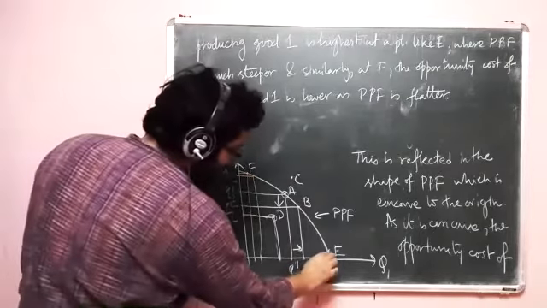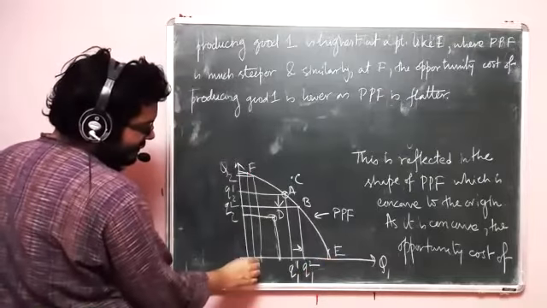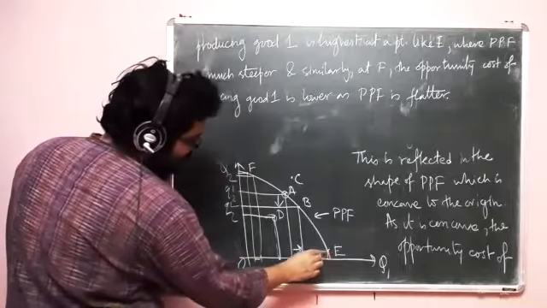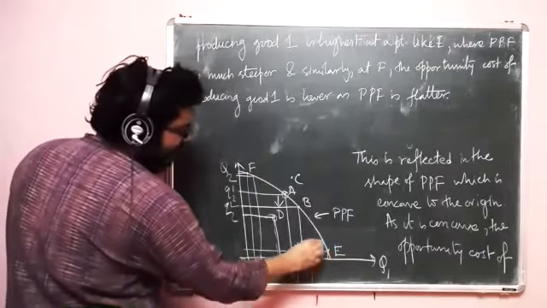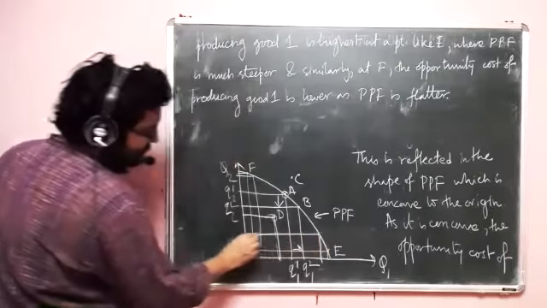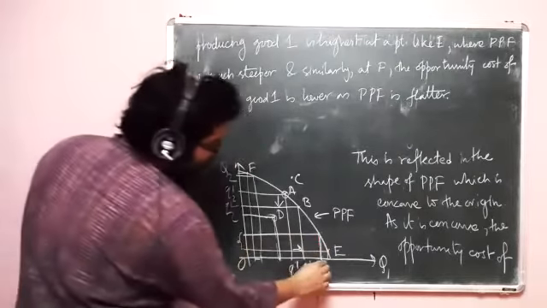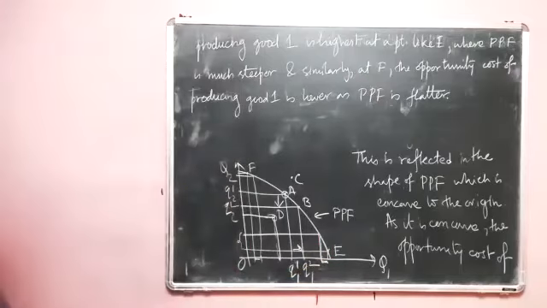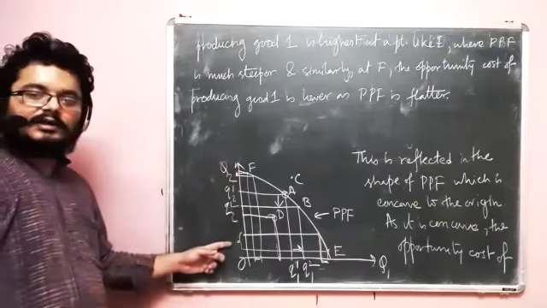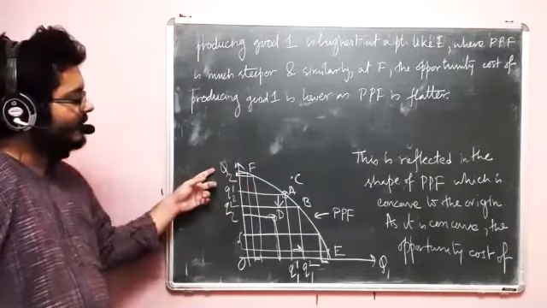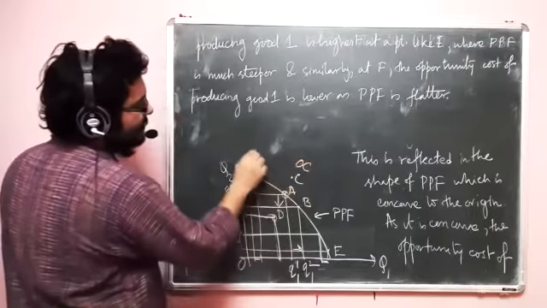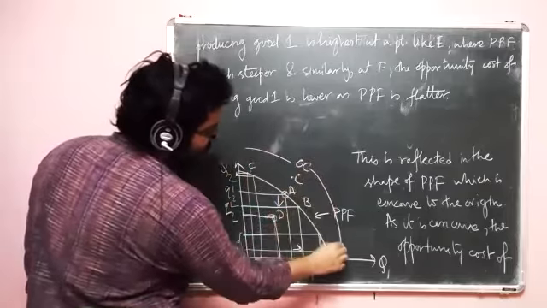But if we talk about E, and if we take this amount in the background here, then as you can see, when that is not quite straight, the amount of Q2 that has to be sacrificed here is much higher and here much lower. So obviously opportunity cost is higher here and lower here.